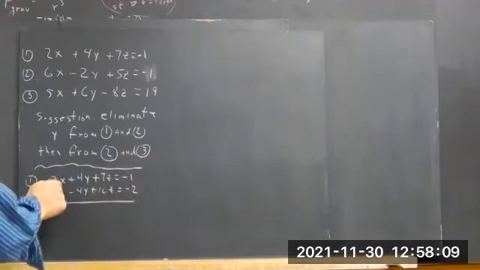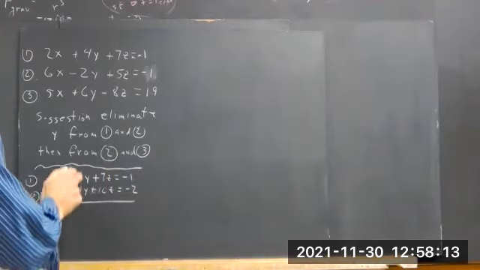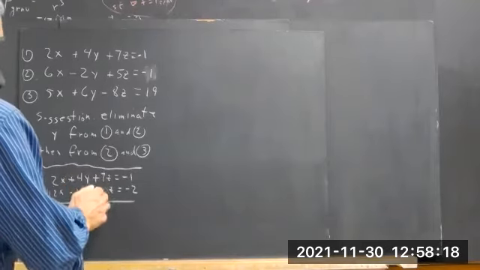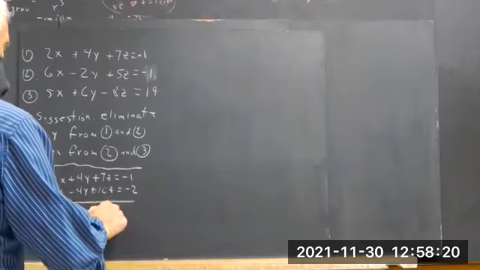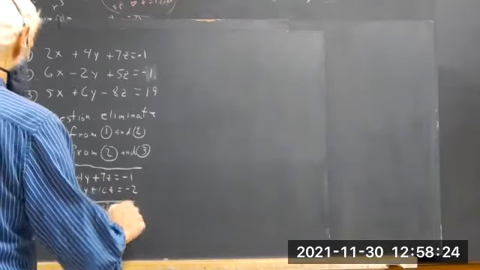We add these: 2x and 12x is 14x. 4y and -4y is 0, so we're done there. 7z and 10z is 17z. -1 and -2 is -3.